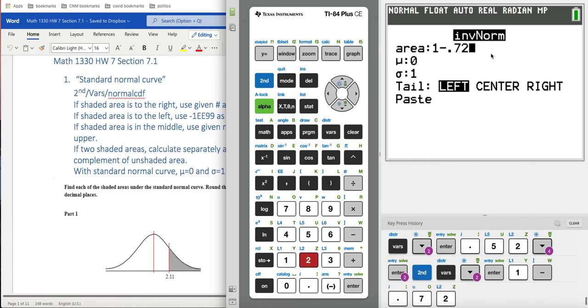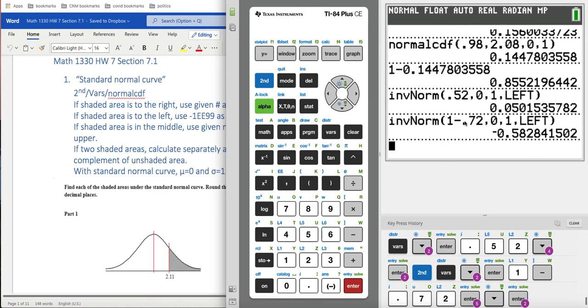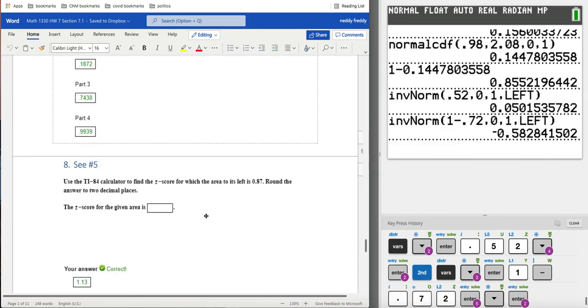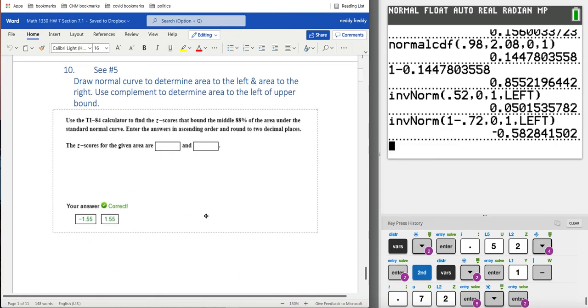And we can just do that in there. We don't have to do it separately and put it in there. And then we have it correctly set up to calculate area to the left and paste. And then it gives us the z-score of negative 0.58.